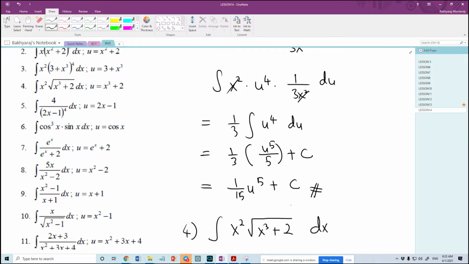Now try to do something for question number 4. What you can try to do here? What is your first step? Differentiate the u, correct. Differentiate the u.